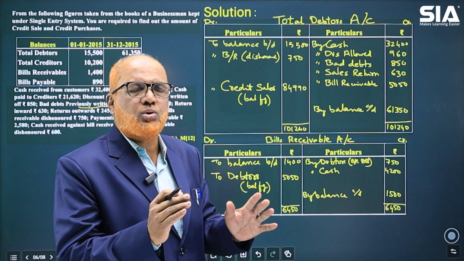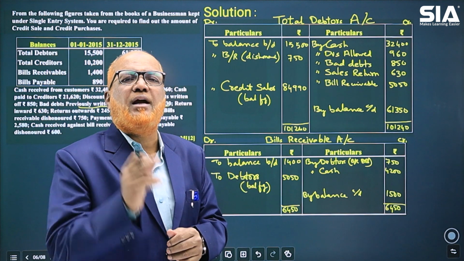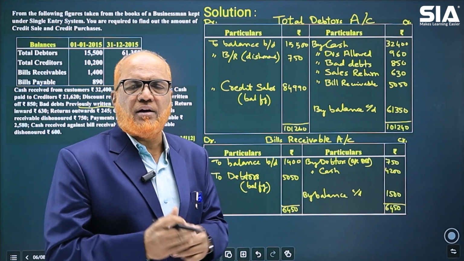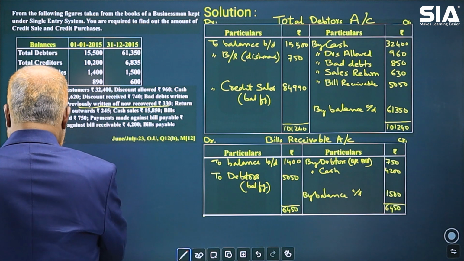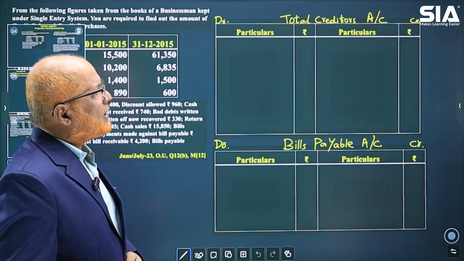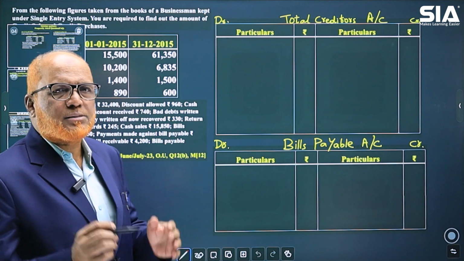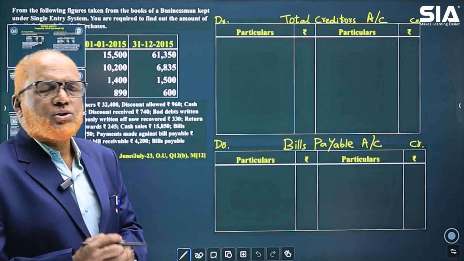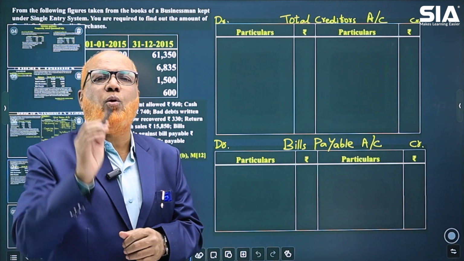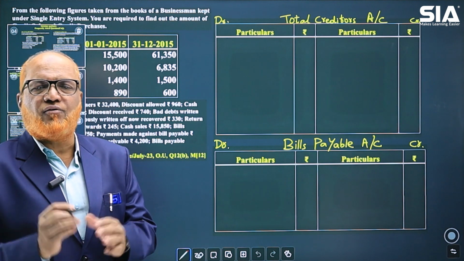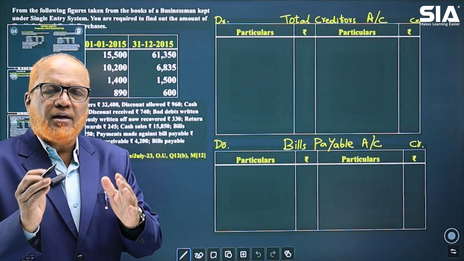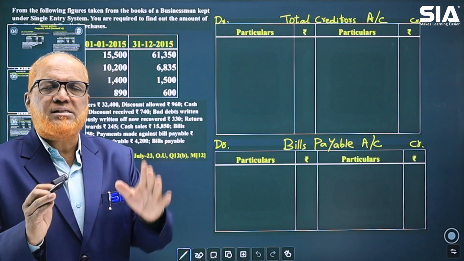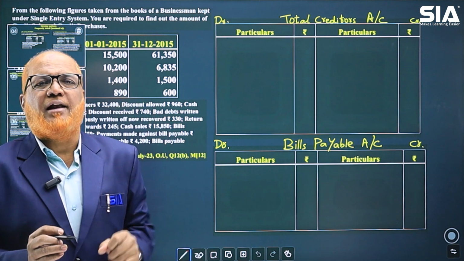Now I'm coming to total creditors account and bills payable account to find out how much are the credit purchases. First of all, you have to take the opening and closing balances of total creditors account and bills payable account. Both are liabilities, and liabilities will show credit balance.